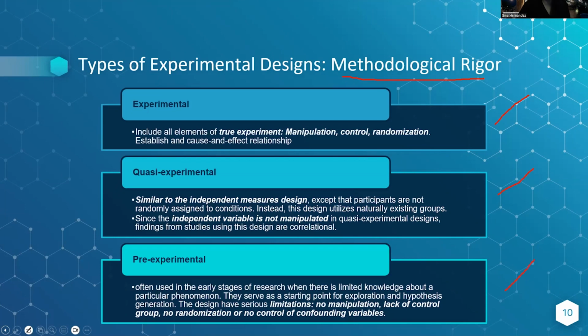So the more strict one is this one. This is the best one that we have in all psychological science. It is the only one, and this is why it's called true experiment. It is all about manipulation, control, and randomization. Only with this kind of experimental design can we actually establish a cause and effect relationship. Most of the papers that we read don't have an experimental design.